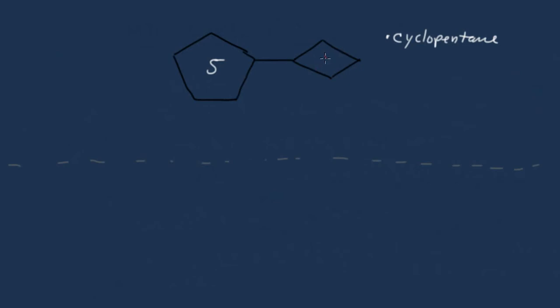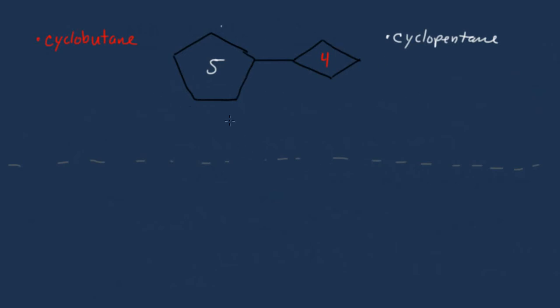And then our substituent is going to be this 4 carbon cyclo, and 4 carbons means butane. And I don't have it here, but the suffix, well, you'll see. So this is all we need to know in order to name this.